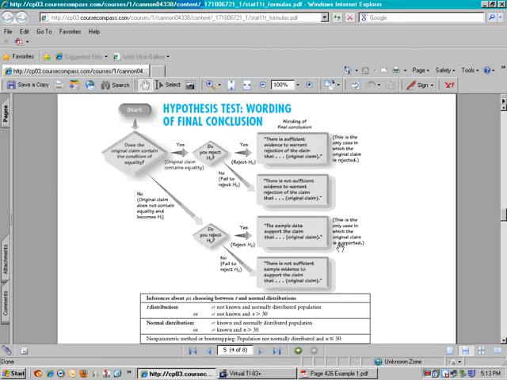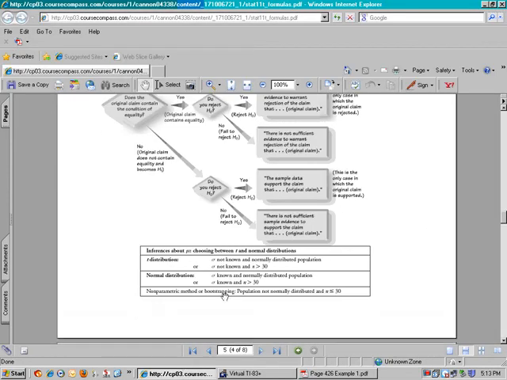And I also want you to see this at the bottom. It helps you to decide if you should use a T or a Z, which is a normal distribution. Notice for a T distribution, the standard deviation is not known, and either it's normally distributed, or the standard deviation is unknown and n is greater than 30.